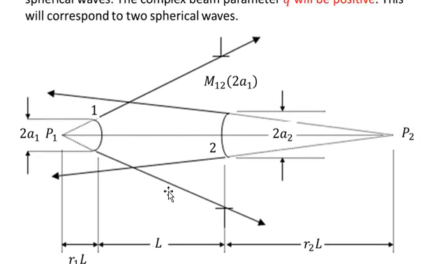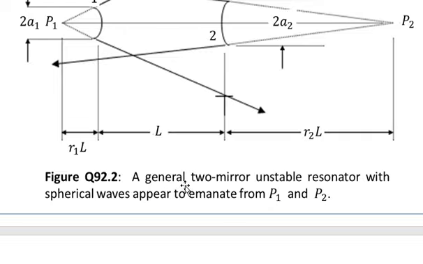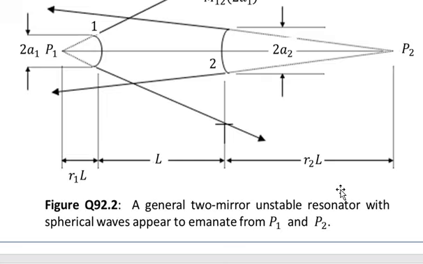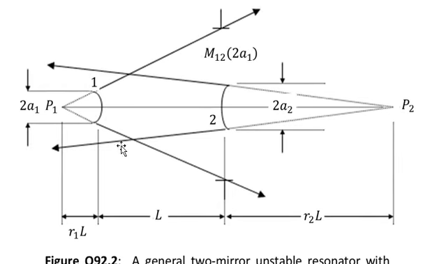So let me describe this figure, figure number 2. A general two-mirror unstable resonator with the spherical waves appearing to emanate from P1 and P2. So you see that this resonator, which is an example of an unstable resonator, has a mirror 1 labeled by 1 and mirror 2 labeled by 2.